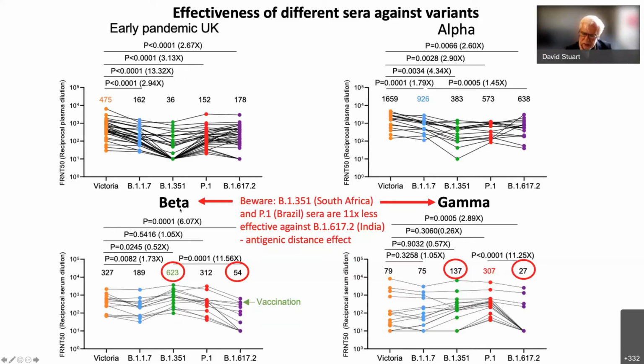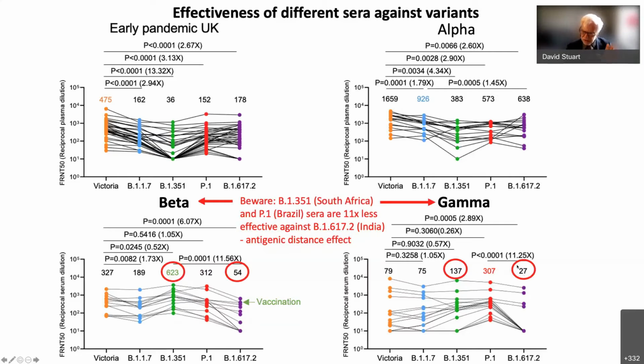But what's really alarming here is that if you look at people that have been infected with beta or with gamma, these are the responses. Sorry, that red circle there should be over 307. My fault. This is the homologous sort of challenge, and the beta antibodies are good against beta virus, but the beta antibodies are useless against delta, and the gamma antibodies are even worse.